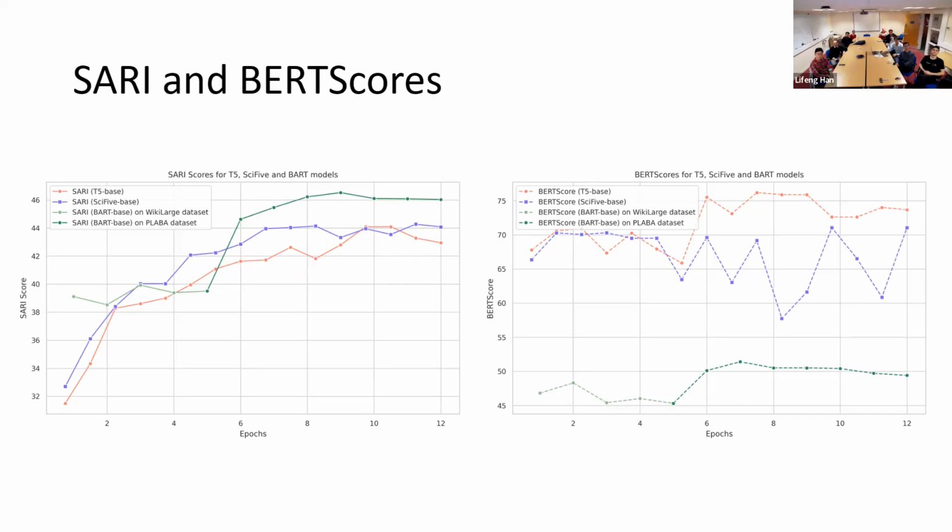On the right-hand side, we can also observe that the BERT score of the BART-based model is quite low compared to T5 and SciFive base. So here we can start seeing that there might be some trade-off in using each of those models. There might not be one best model here, but we will come back to it later.